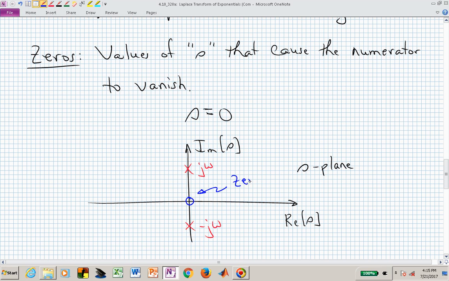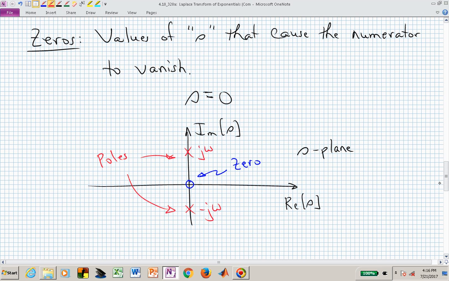Here is our zero, and we have two poles because our denominator was second order in s. And that's what the s-plane pole zero diagram looks like for the Laplace transform of a pure cosine. We have two poles on the imaginary axis located symmetrically with respect to the origin at plus and minus j omega, and we have a zero right at the origin.